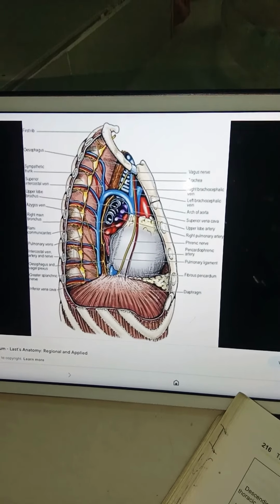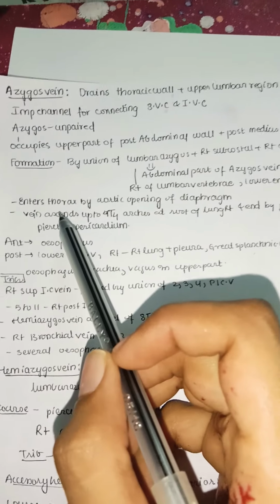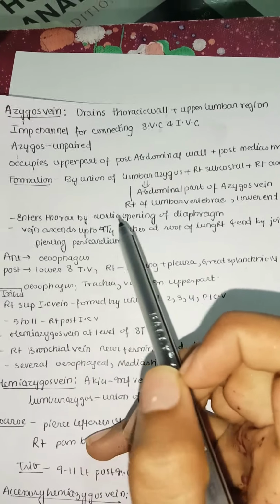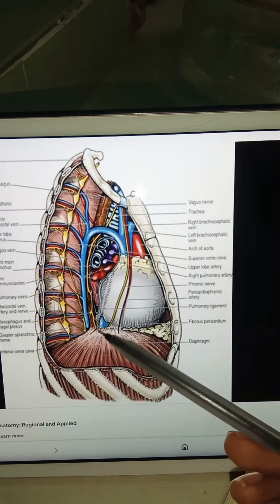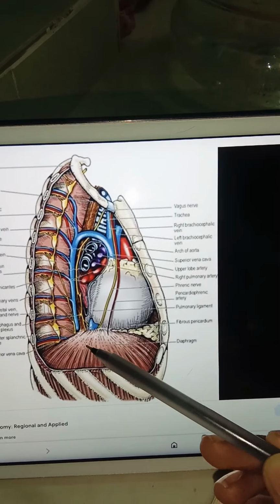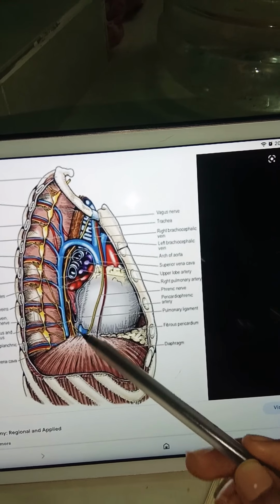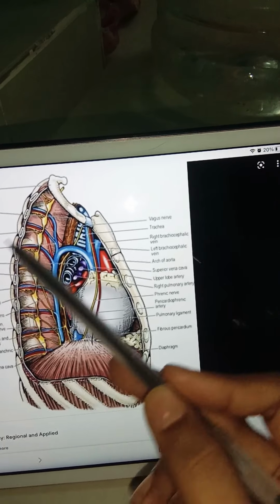Here you can see the mediastinum. We will also discuss how it is related. The azygous vein enters the thorax by means of the aortic opening. Here you can see this is the diaphragm, and the diaphragm has an aortic opening. By means of the aortic opening, the azygous vein also joins and comes into the mediastinum.